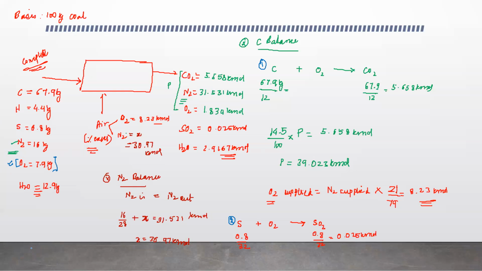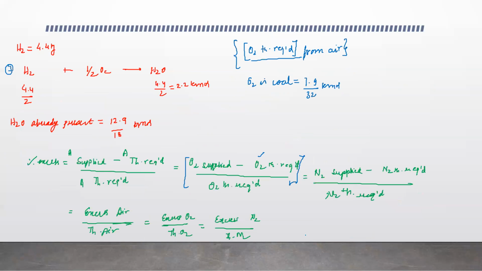So the number of moles of oxygen needed is the same as the number of moles of carbon reacting, that is 5.658. Same over here, we need 0.025 kilomoles of oxygen, because of the same ratio, 1:1:1.